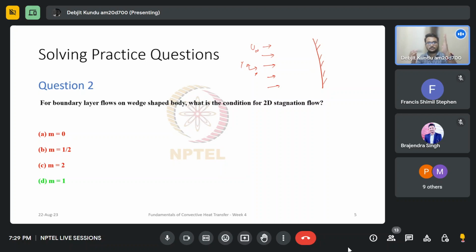So let's say this is a wall like this, and the flow is coming this way and hitting it. It can't push through, it will have to divert this way, but the velocity in the x direction is getting stagnated due to the wall. So that's why this is called a 2D stagnation flow. You can imagine how the flow field would look, right? It would be something like this.